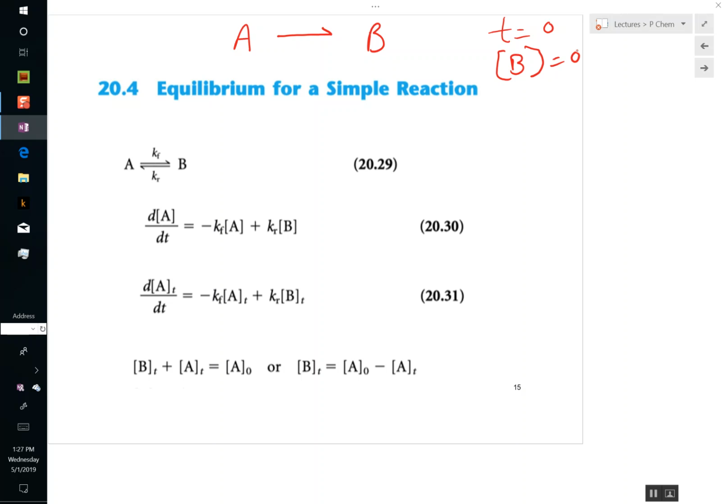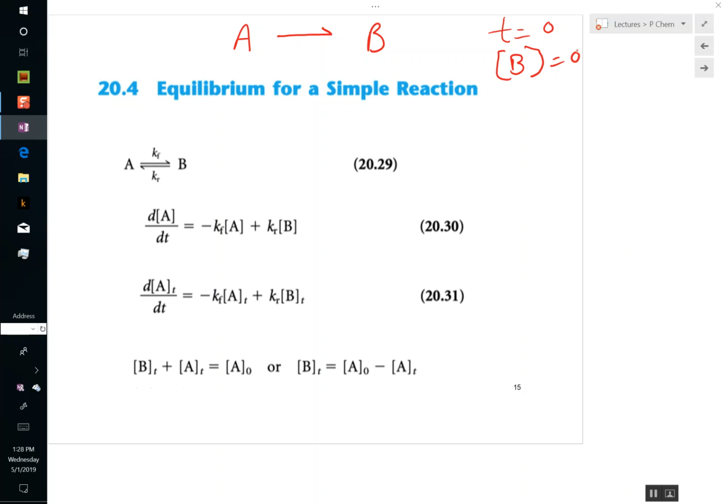Grant? So those other problems we were doing, do those account for this reverse reaction already? Say we were given data, like you measured how much you had at a certain time, does that account for the reverse reaction already happening? Well, I think most of the problems we've looked at up to this point have all been looking at the rate. No, they haven't been taking this into consideration.